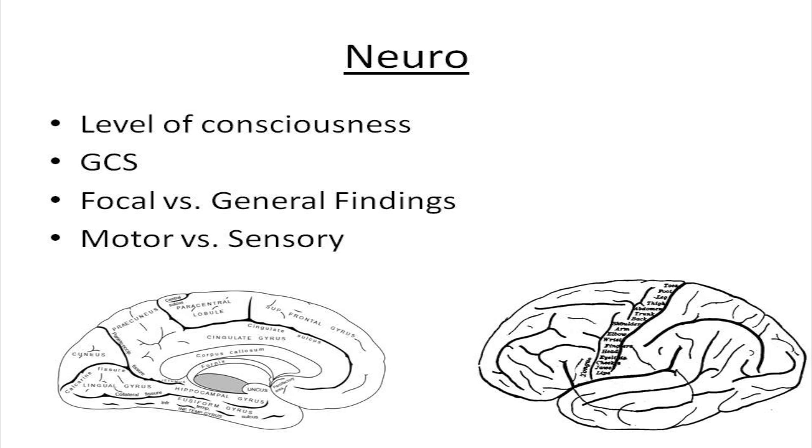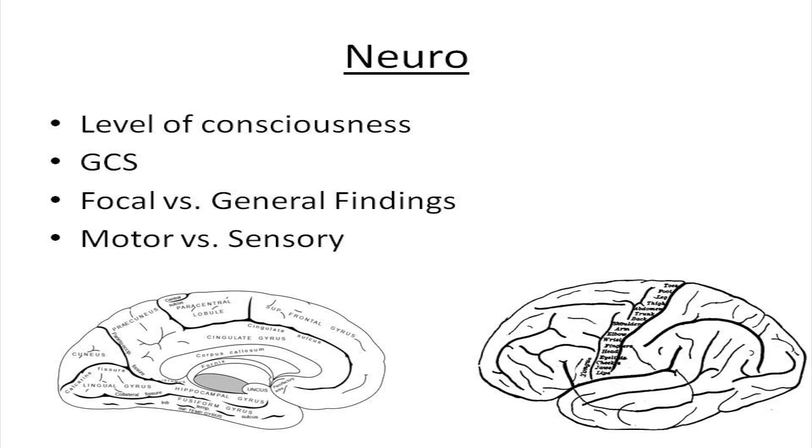Now that's very different from your whole brain is being squished or squeezed by a bleed or trauma or whatever it might be, where you have general neurologic findings such as altered level of consciousness, such as seizures, posturing. Those are general findings, and it's very, very important that you distinguish those from focal neurologic findings.